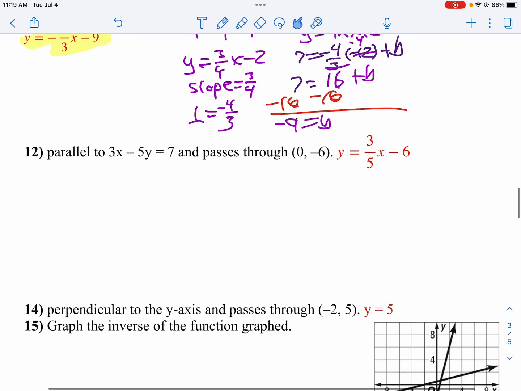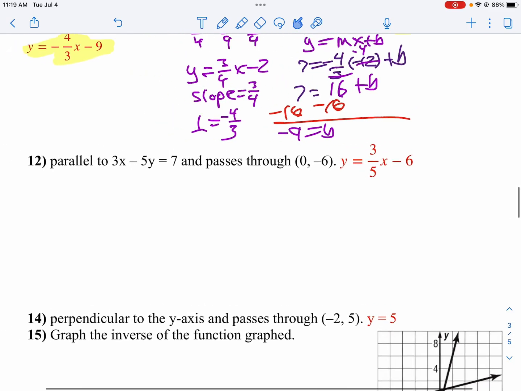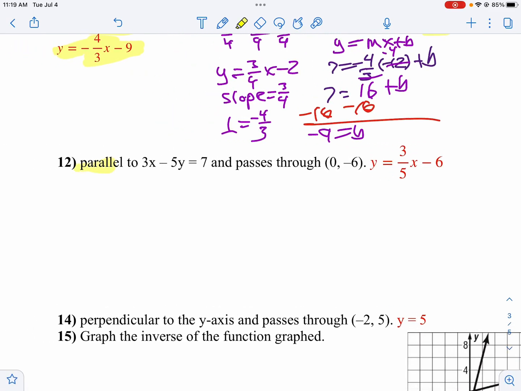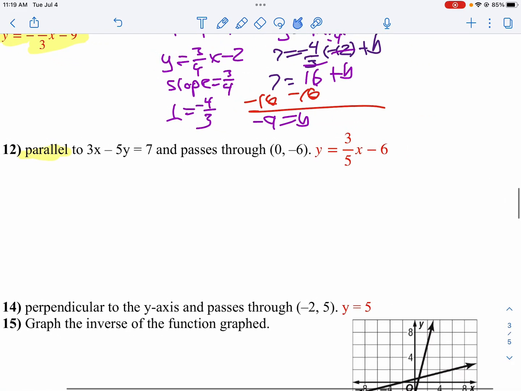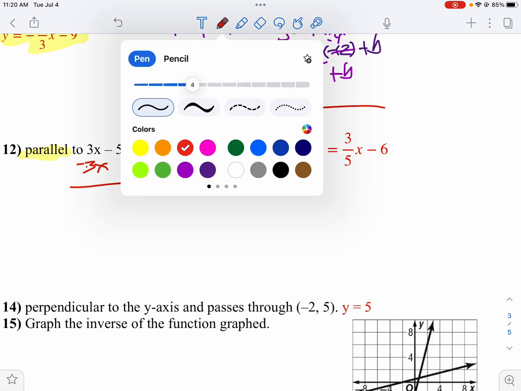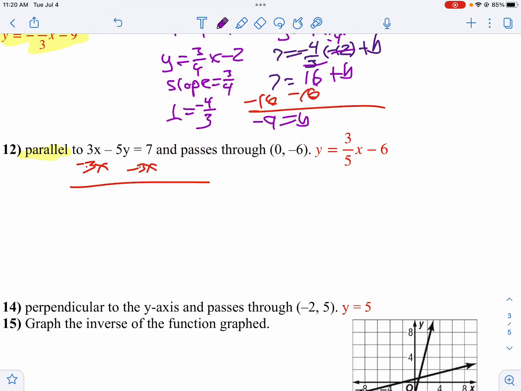On number 12, I want the equation of the parallel line. So the first thing I want to do is find the slope of my line. I want to get y by itself, so I'm going to subtract 3x from both sides. So then I'm going to say negative 5y, I'm going to write the negative over here, equals negative 3x plus 7.